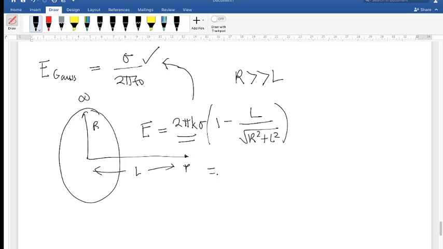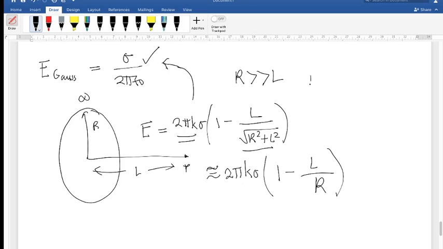So here in our expression, we have 2 pi k sigma, then we have 1 minus. Since r is greater than L, what remains is basically just r. Since L over r is less than 1, can I put this in approximation?